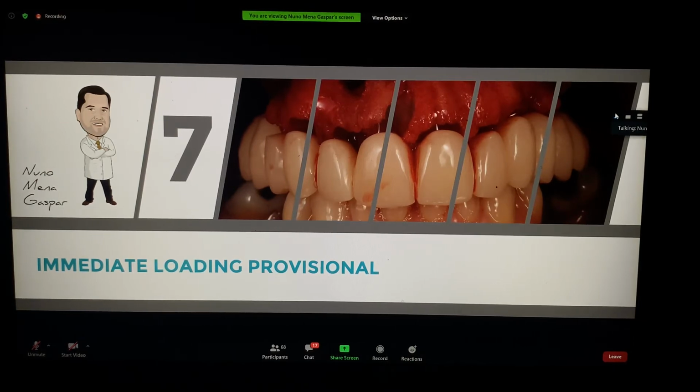So if you use the guide, it's easier. If you don't use the guide, you should know where you are, or you can do a small hole, trying to assess the anterior wall of the sinus. That's the way you do it.